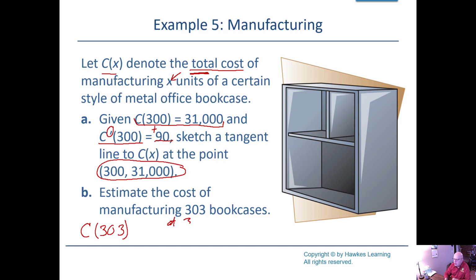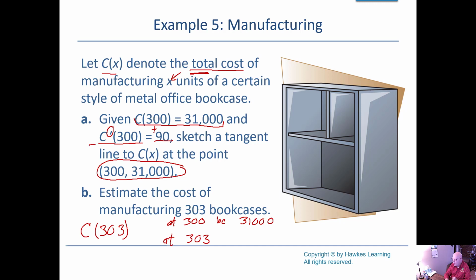At 300 bookcases, it costs us $31,000. And if you think about it, if you make 3 more, it's going to have to go up. So what is it going to be at 303 bookcases?